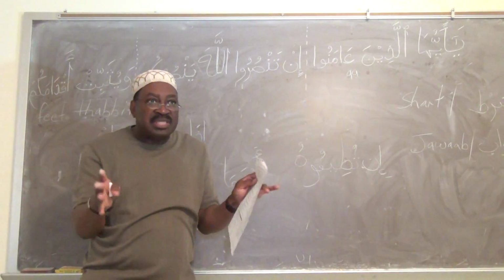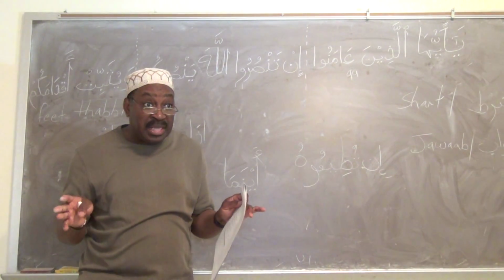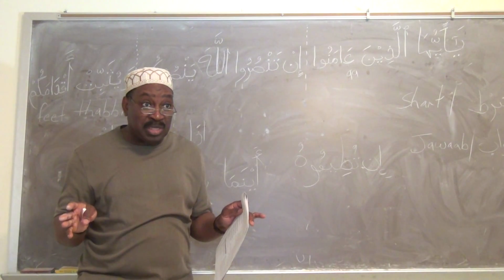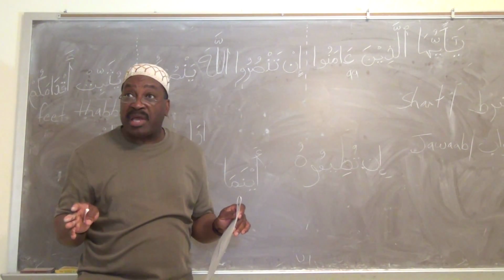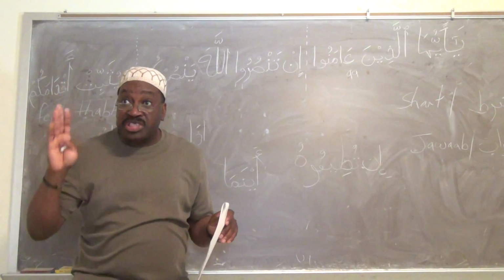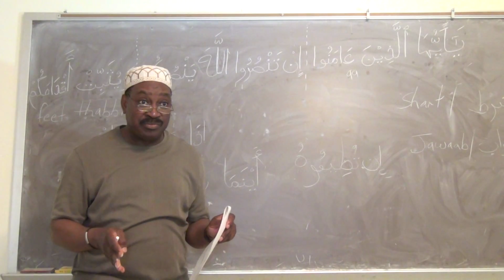I want all of us to get this part now. I don't want us to just see it, I want us to get it. You understand? So what we're talking about is a conditional sentence, right? Do you see it?